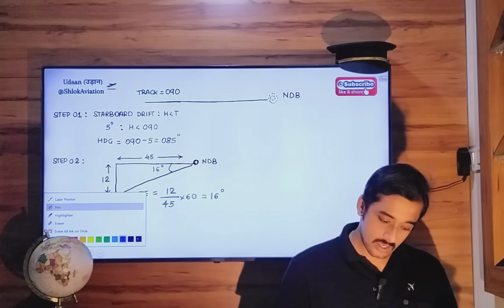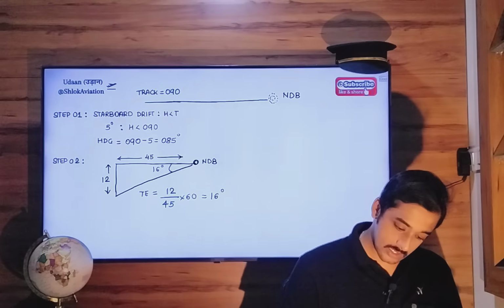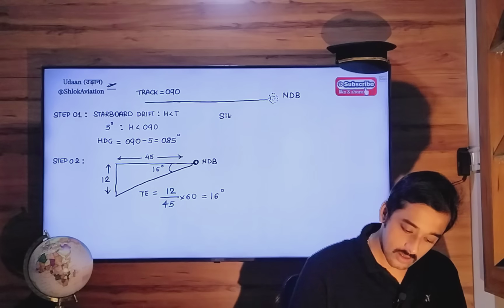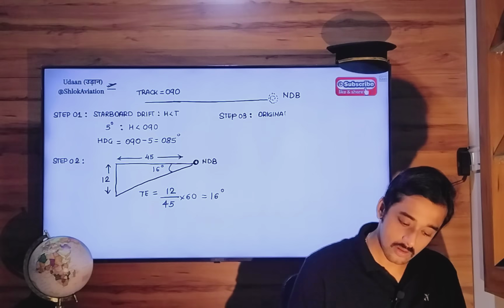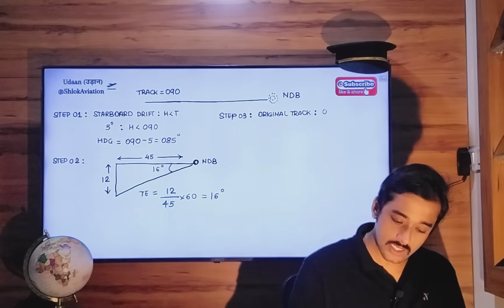Step number 3, the original track to the NDB station is 090.